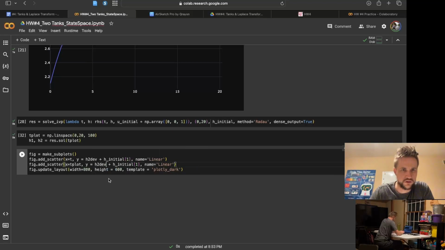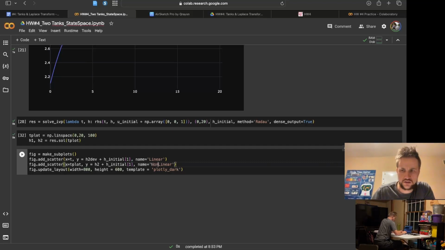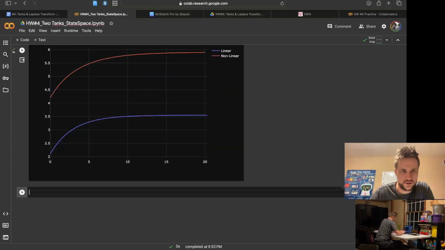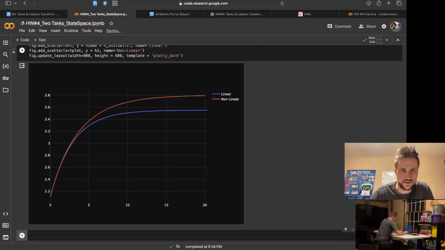Here, we're just focusing in on our tank 2. And this one we're going to go ahead and call nonlinear. Let's try this out here.